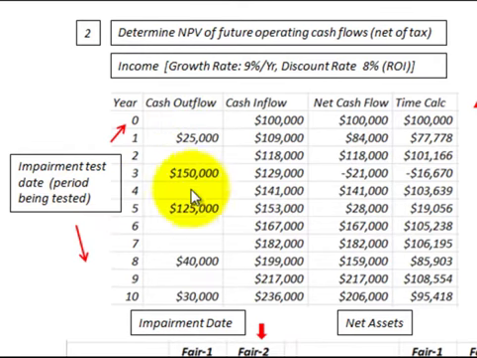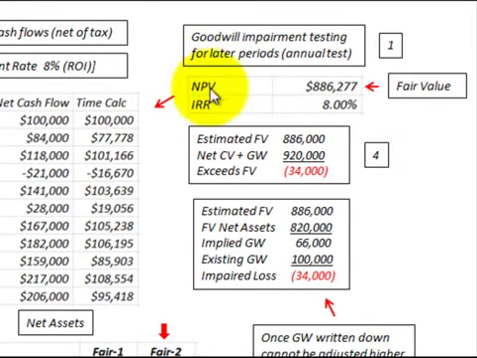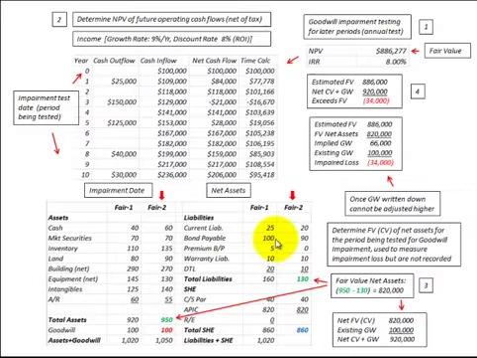So again, I've forecasted here the cash outflows and the cash inflows, and I used a growth rate of 9% per year in this case, and then I discounted these net cash flows back here using the discount rate of 8%, or that's the required rate of return of 8%, and then I come up with a net present value here of $886,000. Now that would be the fair value of this business unit that's being tested.